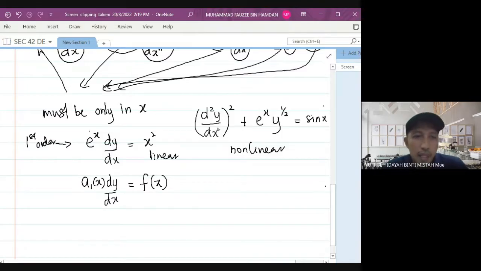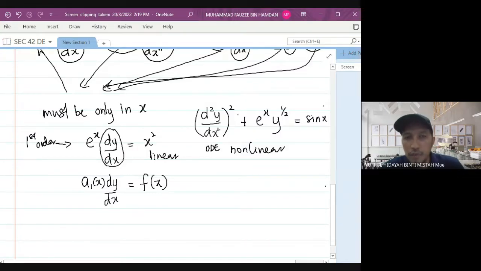Why is this ODE a first order? Because the highest differential coefficient that exists in our equation is dy over dx. But this one is still an ODE, but non-linear.